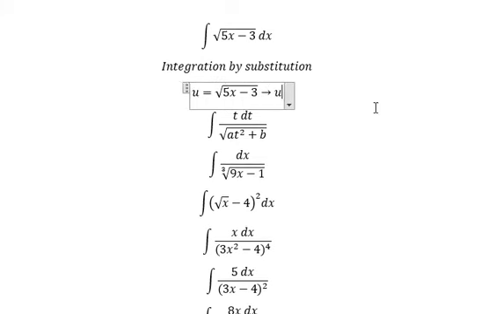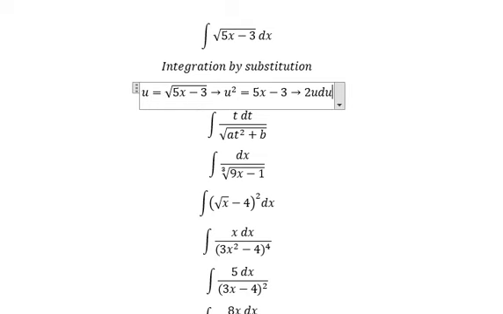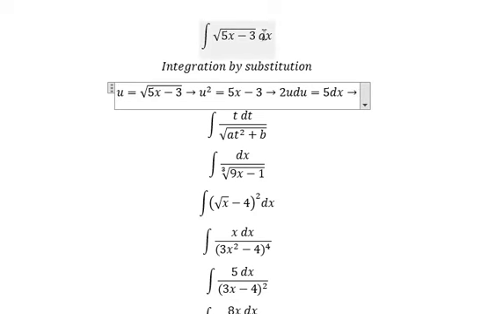We put the square for both sides. We can do first the derivative for both sides. Because we don't have number 5 next to the x, we divide both sides by number 5.